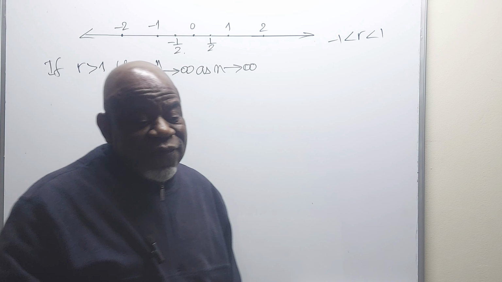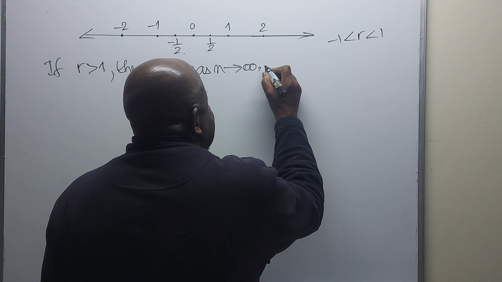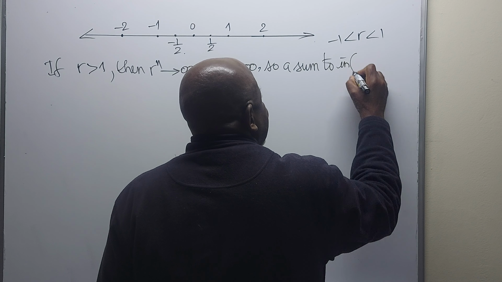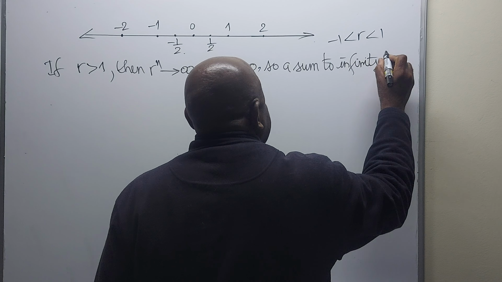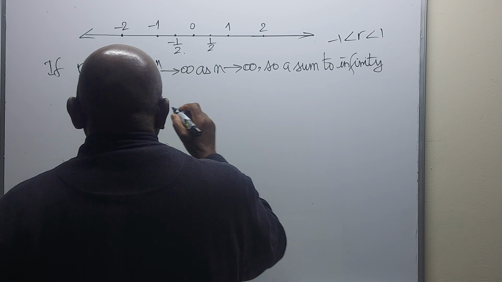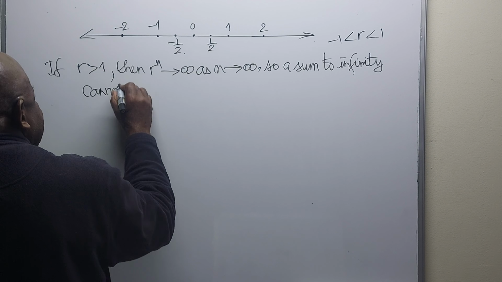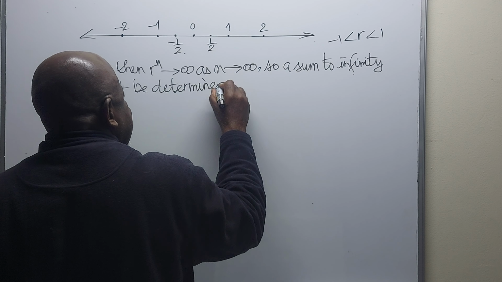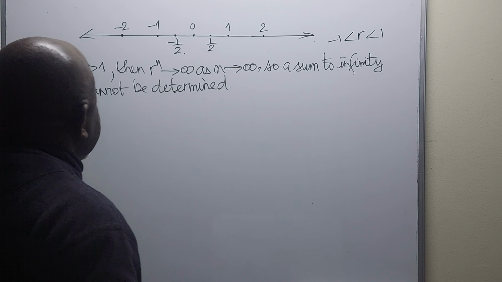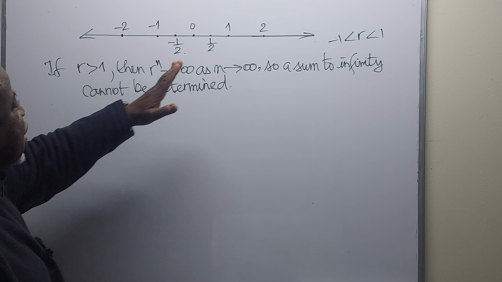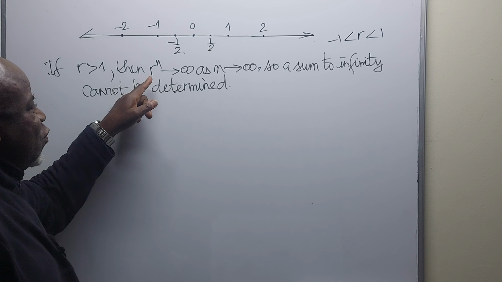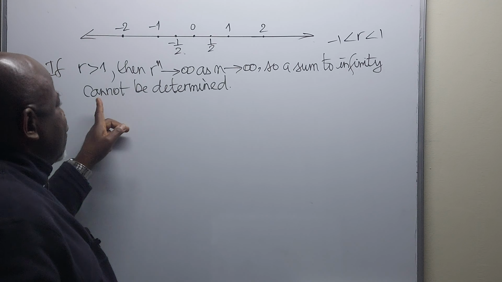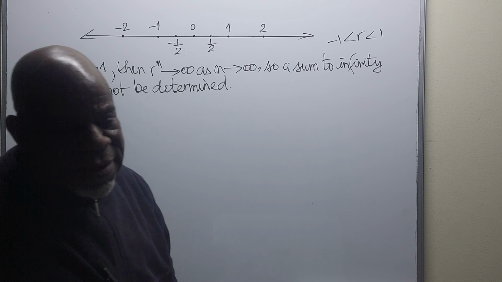So a sum to infinity cannot be determined. As you can see, when our common ratio is greater than 1, then r to the power of n tends to infinity as n tends to infinity, so a sum to infinity cannot be determined.